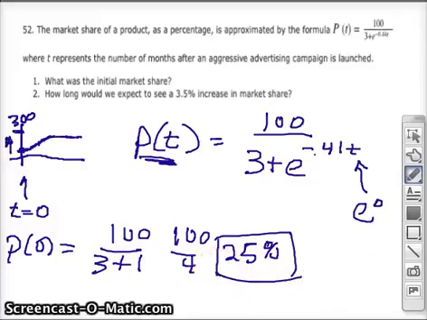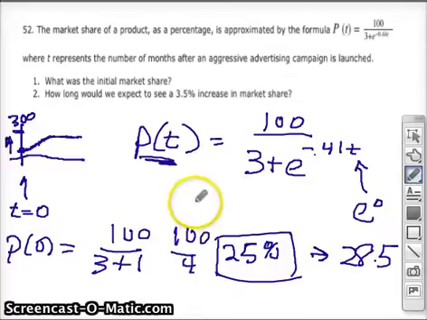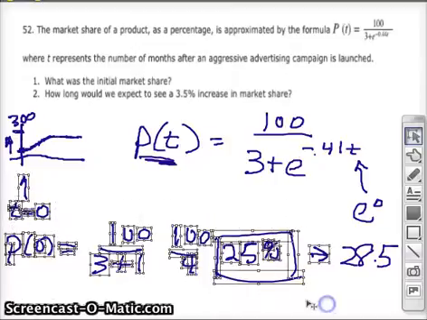Number two, how long would we expect to see a 3.5% increase in market share? Well, a 3.5 increase would cause that to go up to what? 28.5. So what we're trying to do is use the same formula, okay?